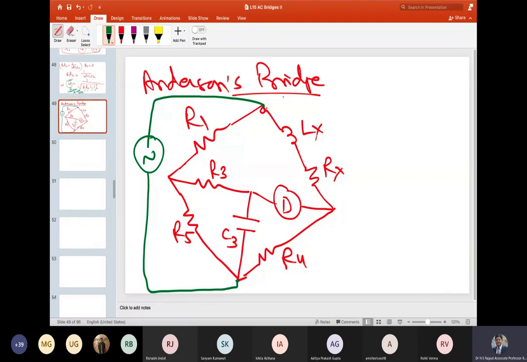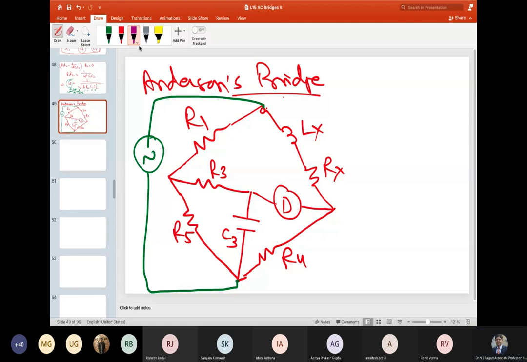So can anyone suggest how to solve this or how to arrive at the balance condition? Can anyone just intuitively suggest how to analyze this? Anyone?